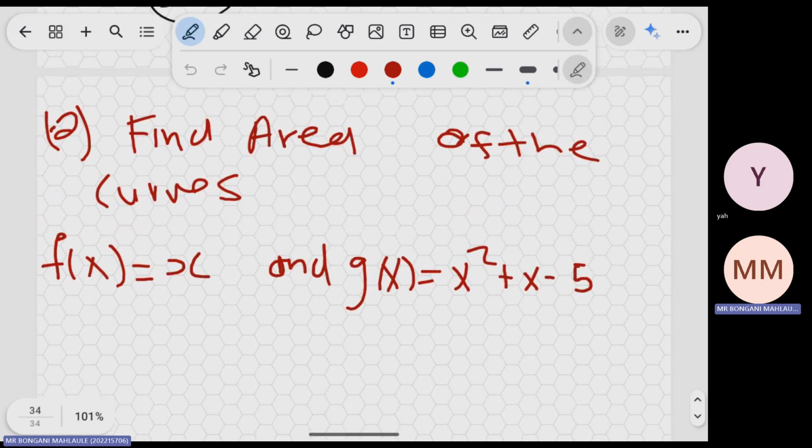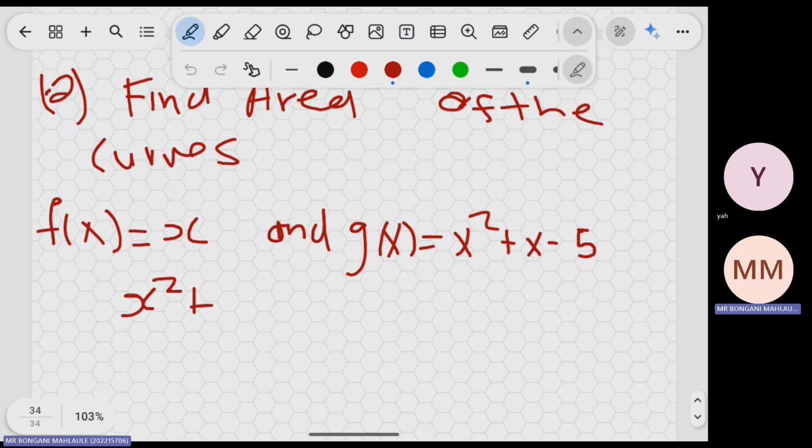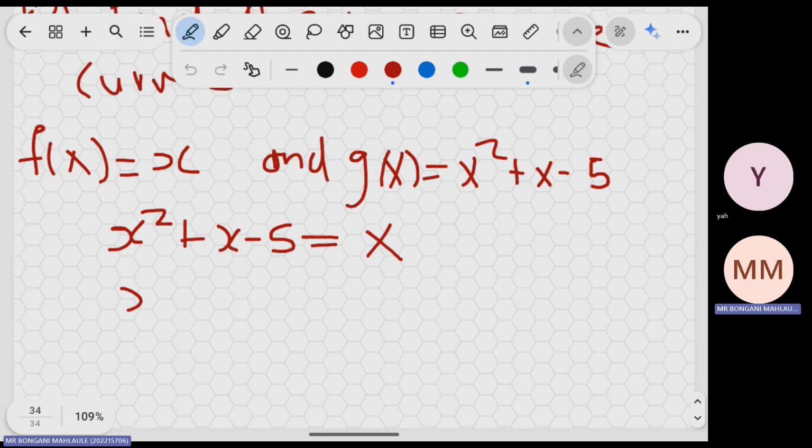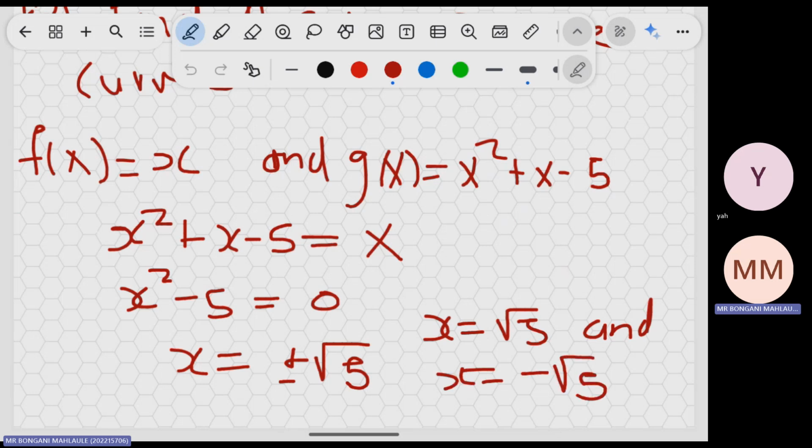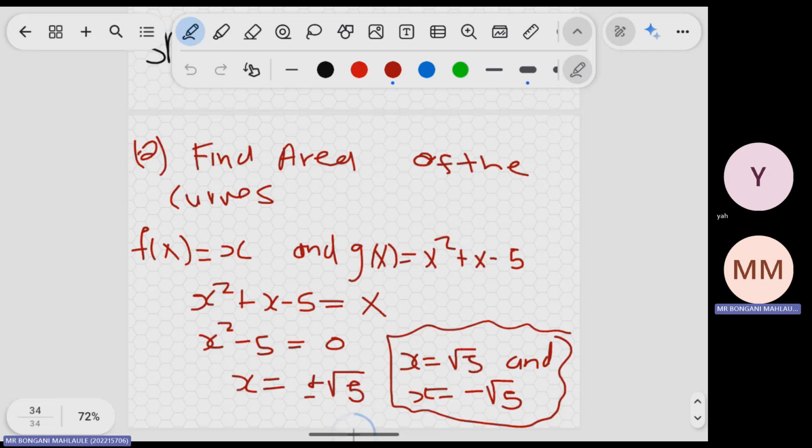The first step will be to find the points of intersection. Let me find them for you so that you just continue from here. I think you'll get x to be plus or minus the root of 5, and x is equal to negative root 5. So this is where the intersection happens. So go and get the area.